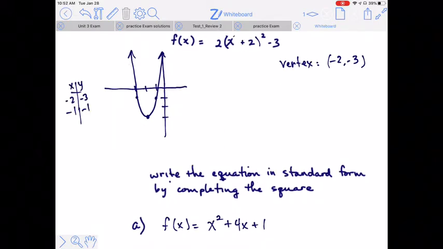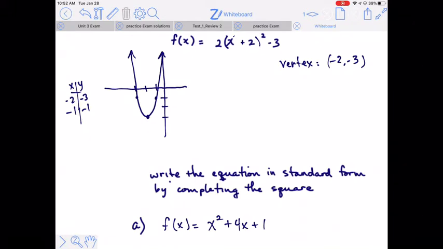I'll show you the first way here, by transforming the equation into standard form. Right now this equation is in general form. If we can transform that equation into standard form, we're going to be able to easily see where the vertex is by looking at the equation.